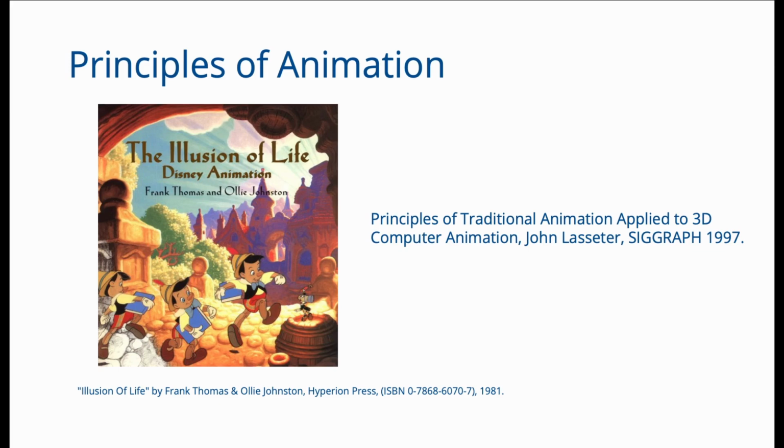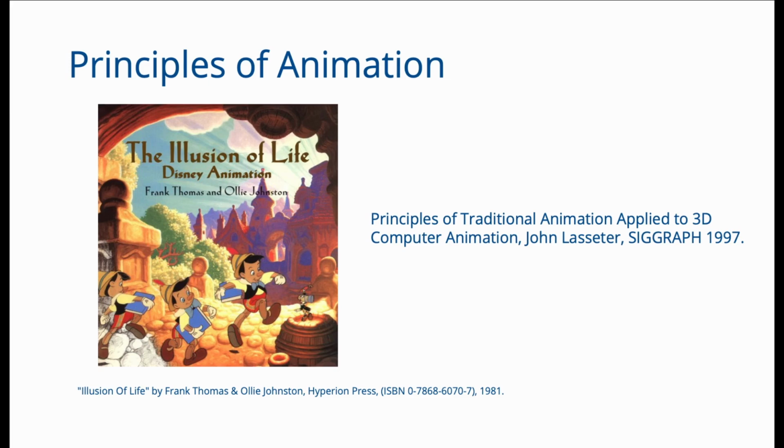This book came out in 1981, but they had been working for a few decades by the time it came out. So many of the examples that we will see today are taken directly from this book.